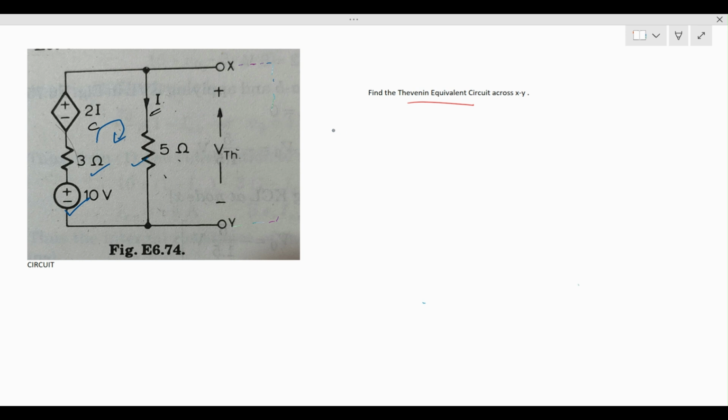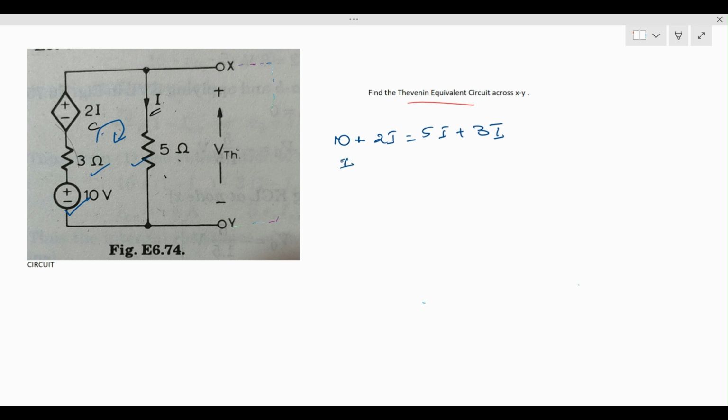So if you write KVL, we have 10 plus 2I is equal to 5I plus 3I. 5I is the potential across the 5 ohm resistance, and 3I is the potential across the 3 ohm resistance.